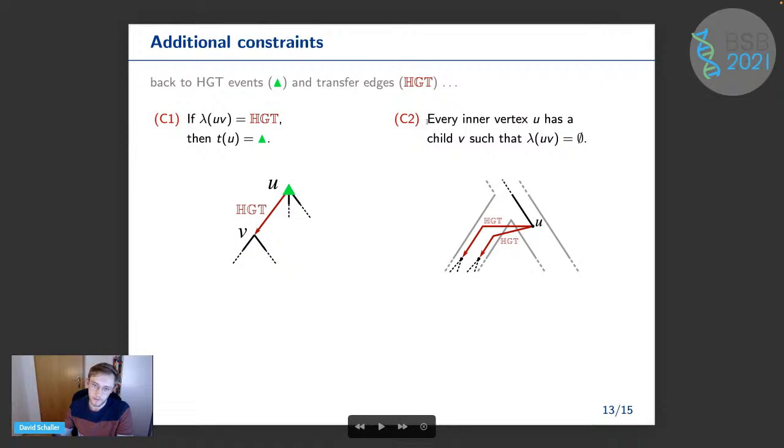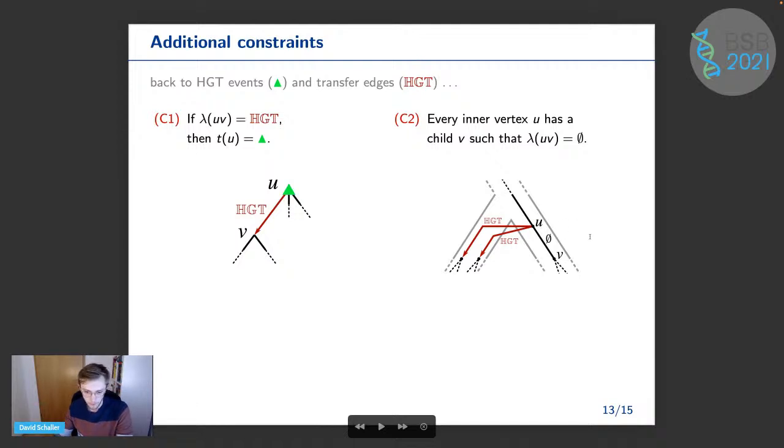Okay, we could introduce a constraint that says that every inner vertex has at least one child such that the edge to this child is a non-transfer edge. So whenever we have transfers, then we also want at least one child that is mapped in the species tree below U.